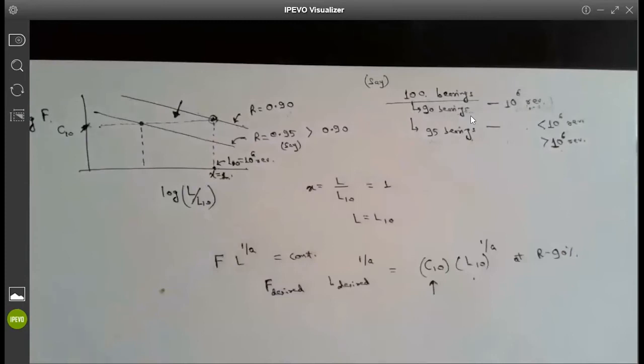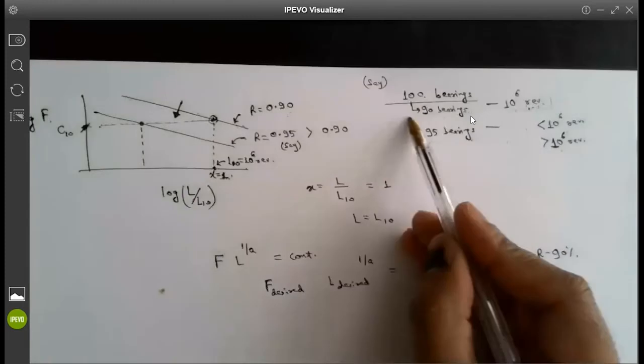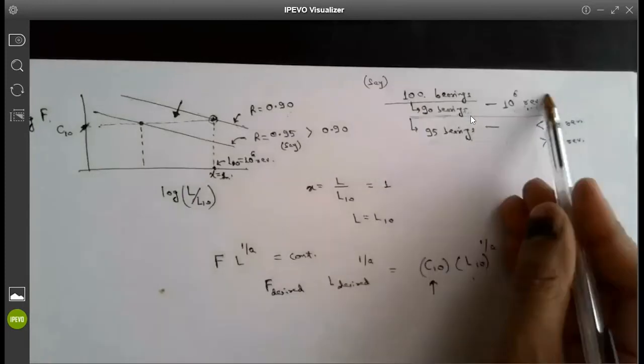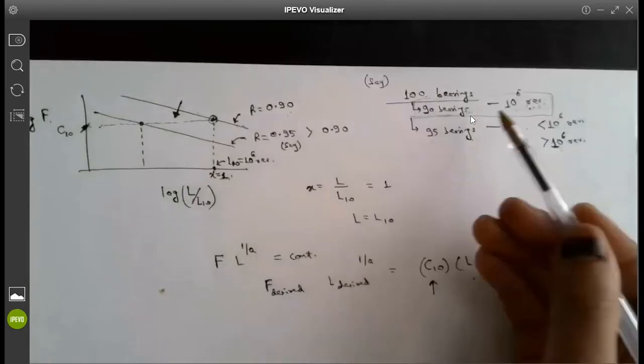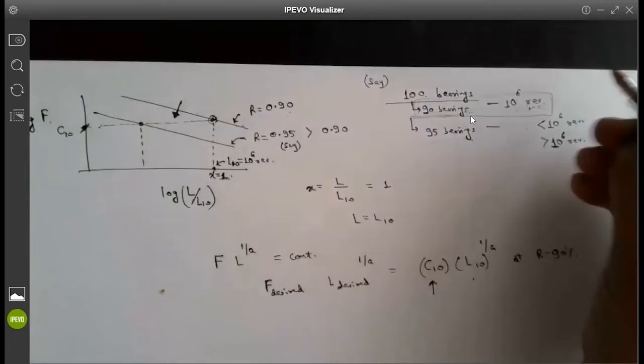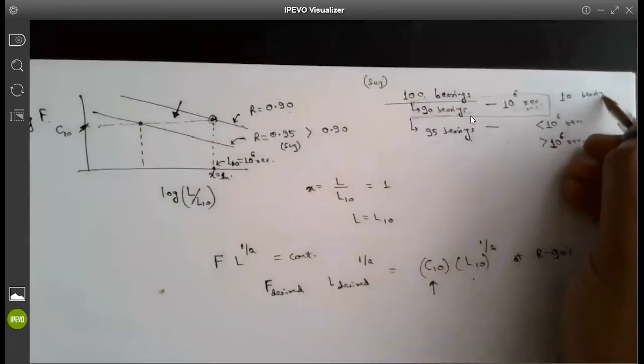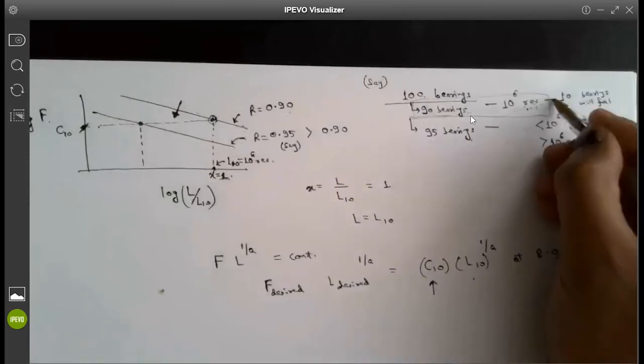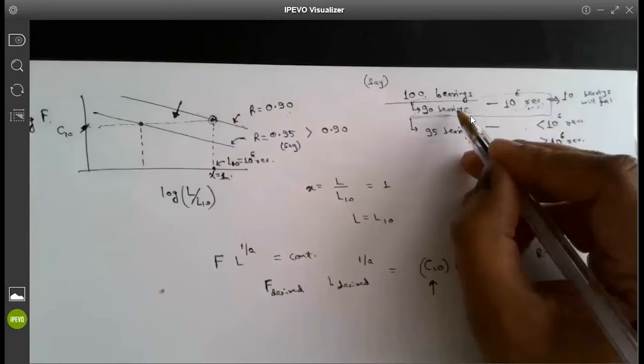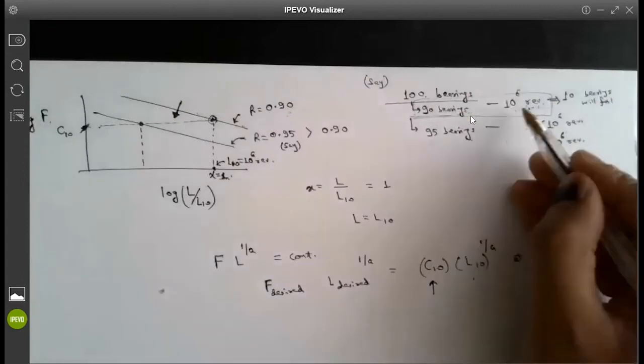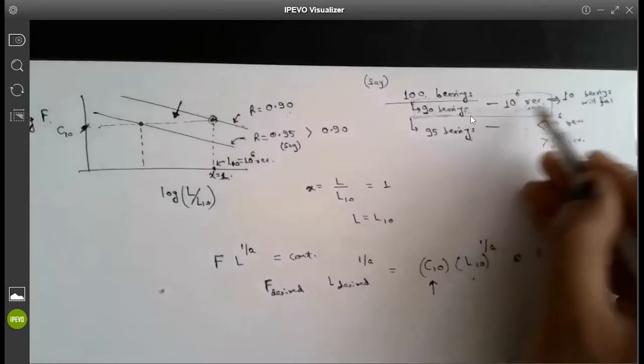when you quote this number for 90, you already know that 90 will survive, but more than that won't. You already know 10 bearings are going to fail anyhow. The 10 bearings will always fail after 1 million revolutions, because that is how you got this number, right?